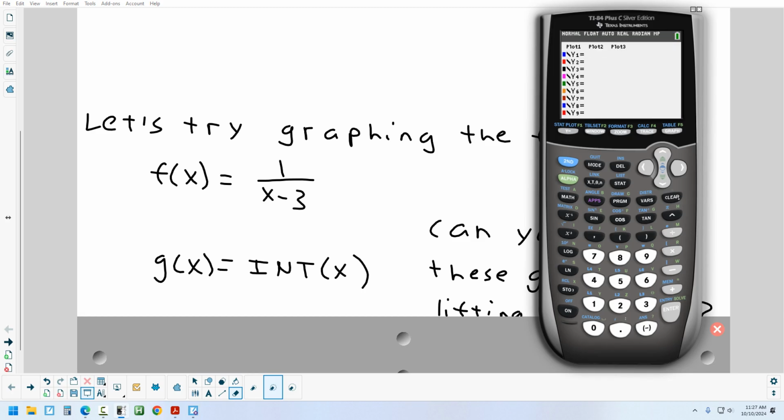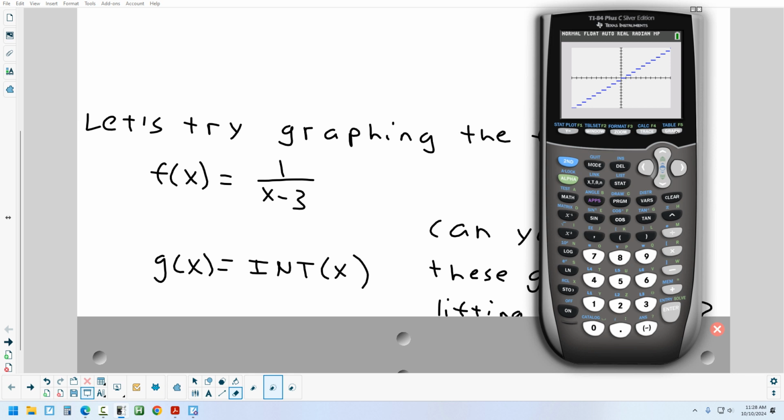This is called an integer function. I think we looked at it before. It looks like a set of steps. Could I draw that without ever lifting my pencil? No. Now, I have to lift my pencil here, but it's not because I divided by 0. It's because the integer function rounds your answer to the nearest integer.